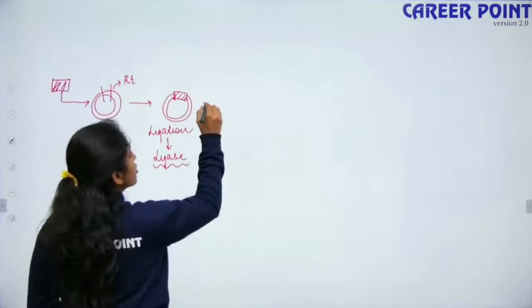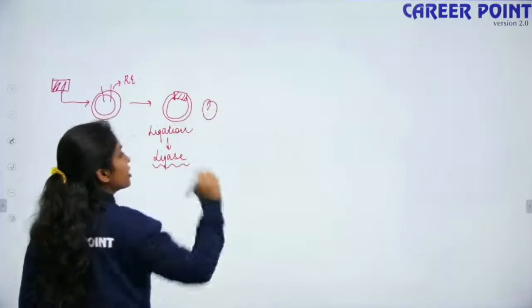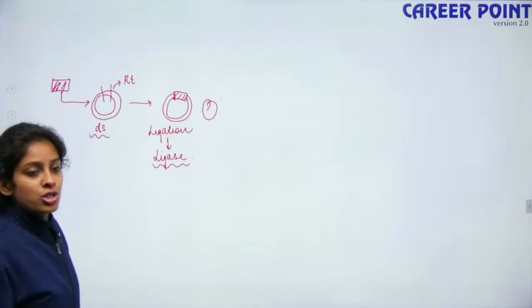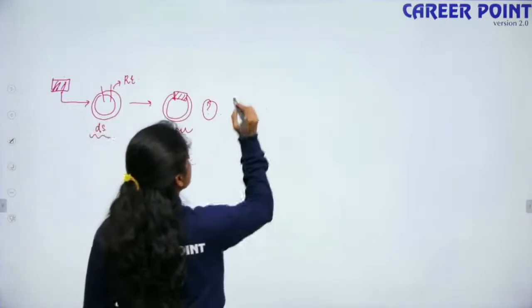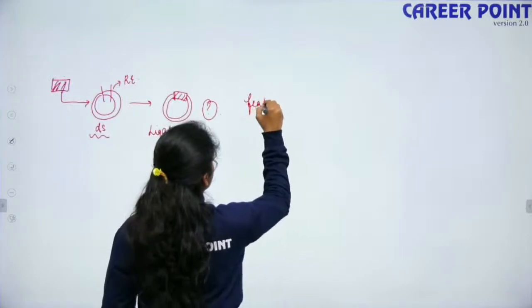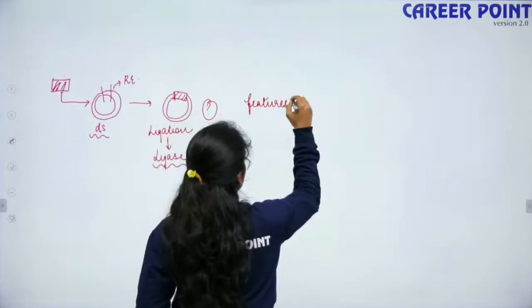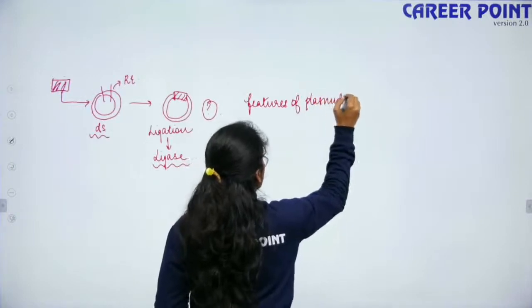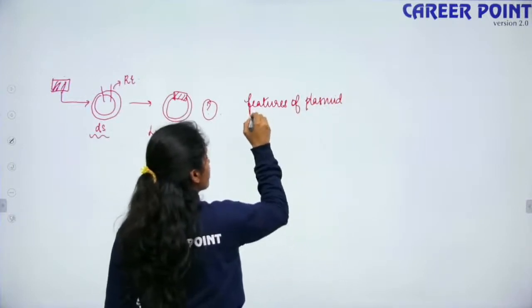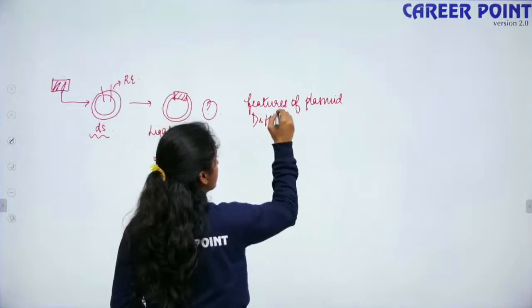So now, how do I cross verify whether this ligation has happened or not? Today we're going to talk about the cross verification step as well as the features of a plasmid. We will talk about different types of plasmid to some extent.